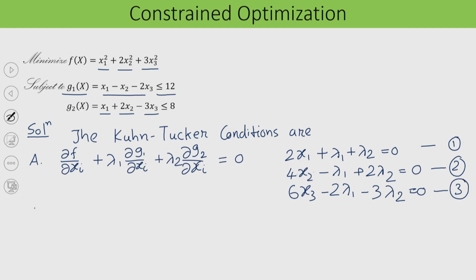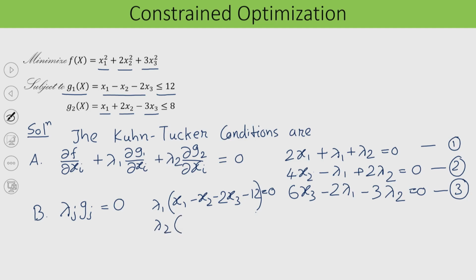Now, if I apply the second condition, that is lambda j z j is equal to 0, I get lambda 1 times (x 1 minus x 2 minus twice x 3 minus 12) equal to 0, and lambda 2 times (x 1 plus twice x 2 minus thrice x 3 minus 8) equal to 0.